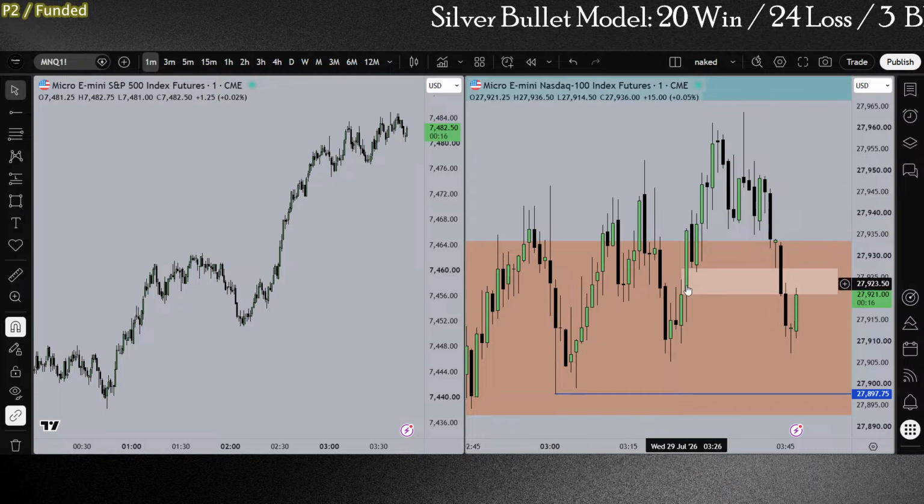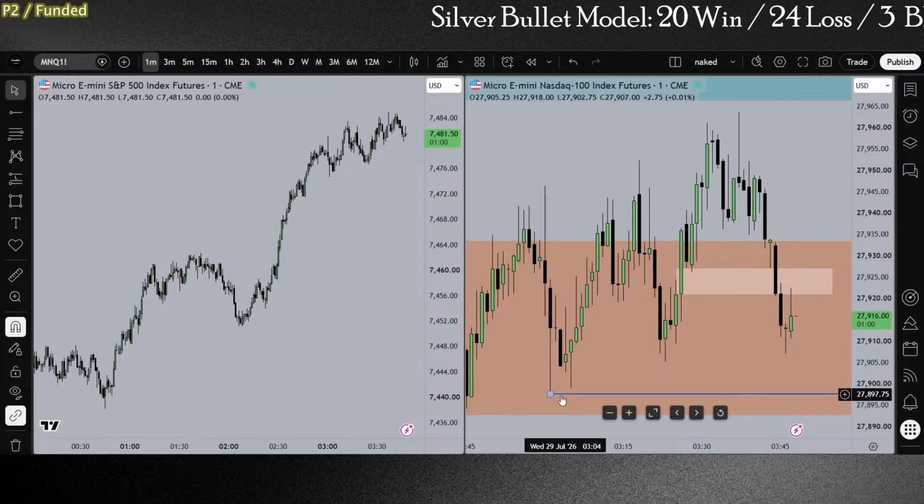So yeah, what I would like to see is this inefficiency here. As we touched into the low, it should not breach the consequent encroachment on a closing basis. It should reject that and run the relative equal lows here. That's what I would expect.